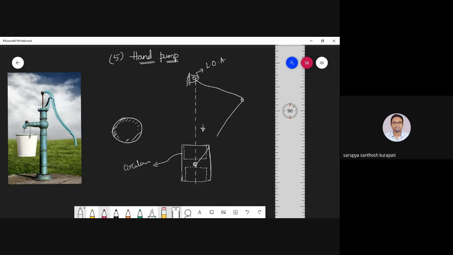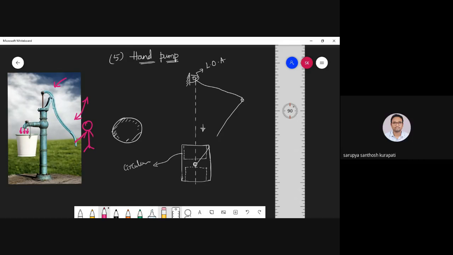Okay. Now I'll ask you one question. Please tell me. Here towards your left you can see the hand pump. Now how is this particular hand pump going to work? How is the water from the ground going to fill the bucket, how is it going to come? Do you know that? No, sir. So you are going to use your hand and pull this particular handle, swinging it up and down, yes or no?